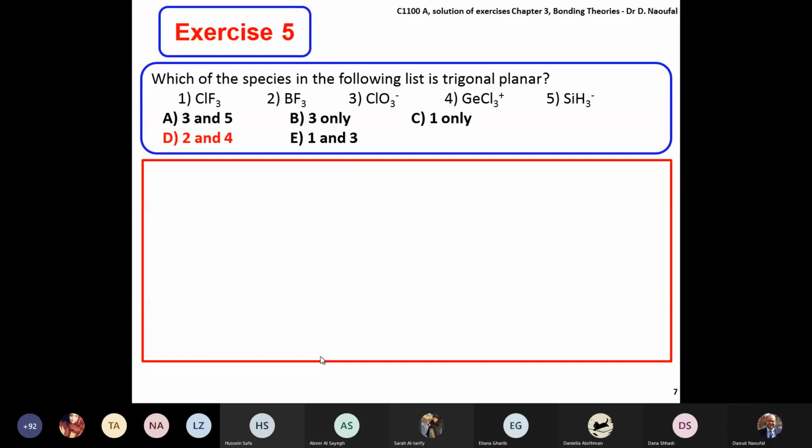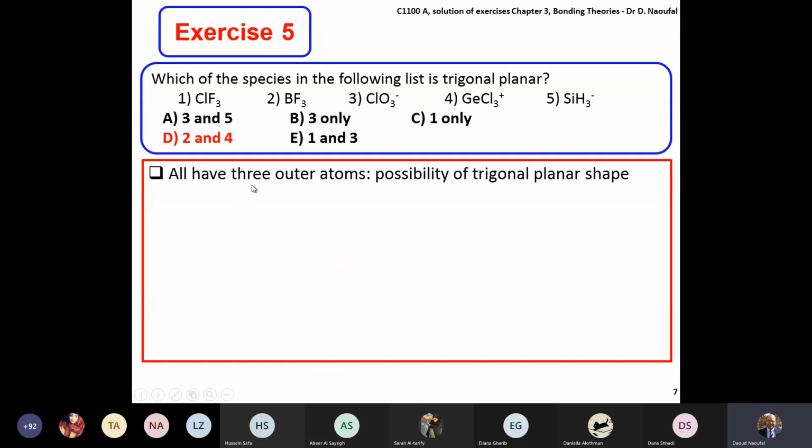Now I will prove a method, my own method, that can be used directly in the exercise. Is it necessary to write the Lewis structures for all species, then deduce AXmEn, then deduce the geometry? No, it's not needed, because we will study the general proof. All have 3 outer atoms, so there is a possibility of trigonal planar shape.